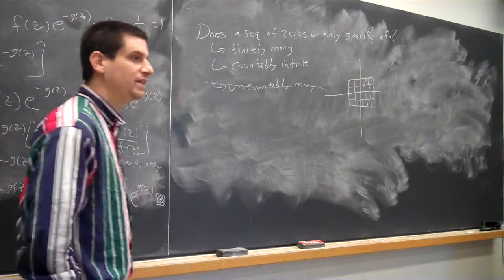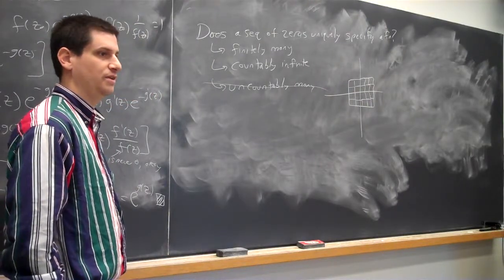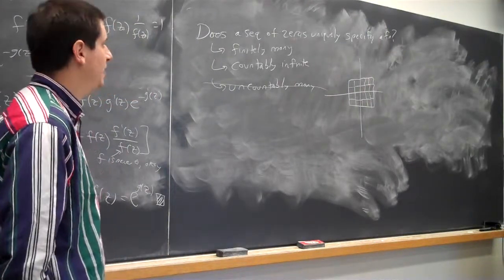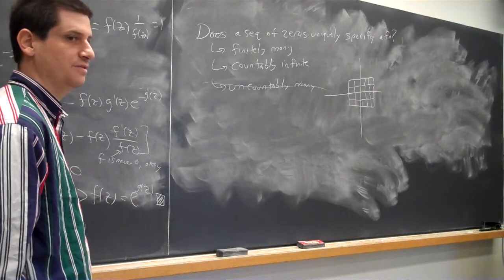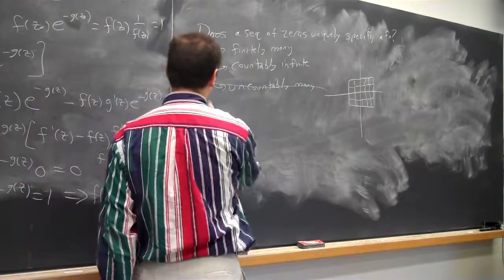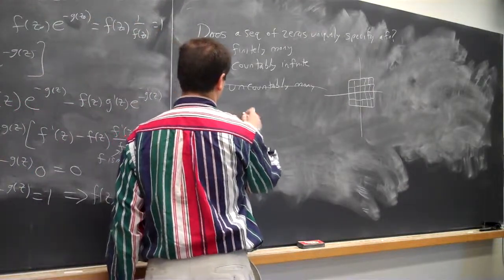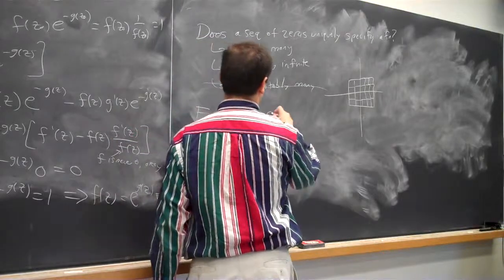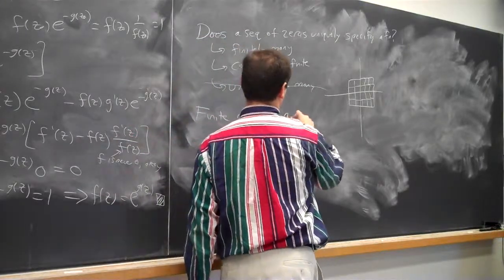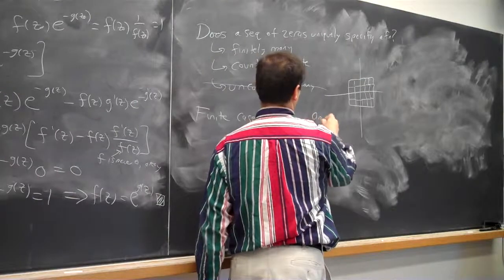What if I only give you finitely many zeros? Can you give me a function that only has finitely many zeros? Let's say the points are a1, a2, ..., aN.